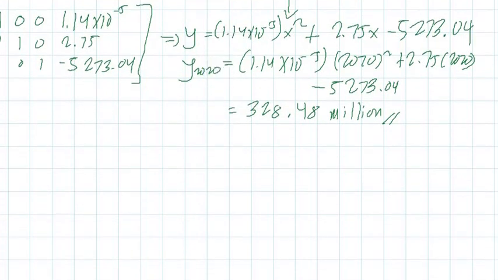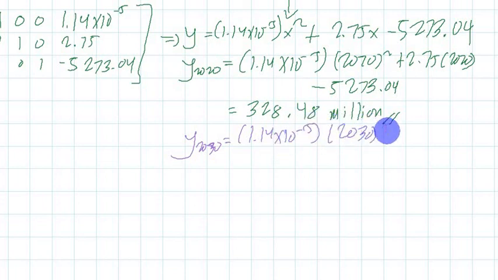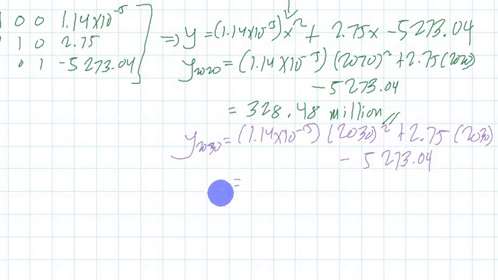Now, doing also for 2030, we're going to use a different color. So, for 2030, we'll just use the same model. 1.14 times 10 raised to negative 5 multiplied by 2030 squared plus 2.75 times 2030 minus 5,273.04 will give us a value of 356.44 million.